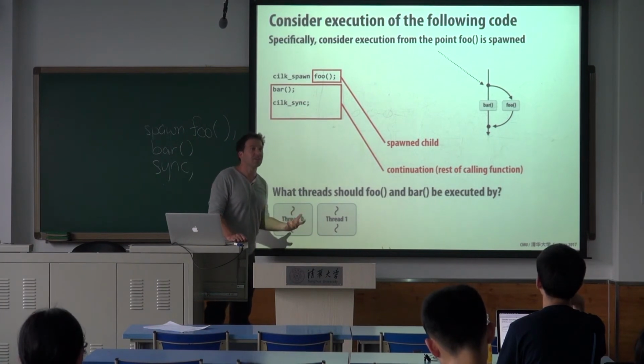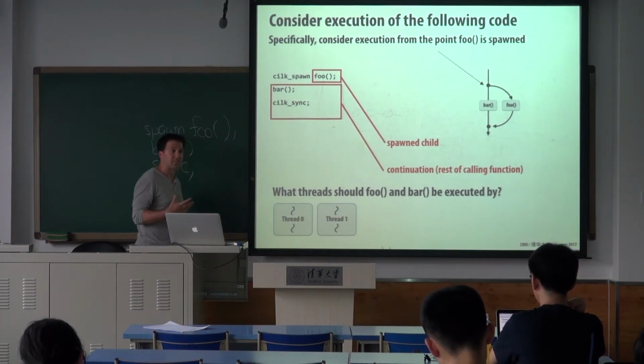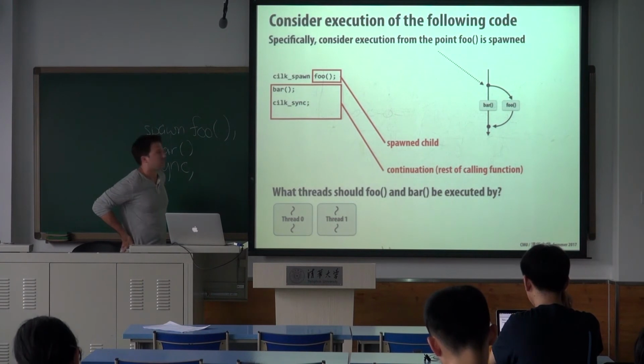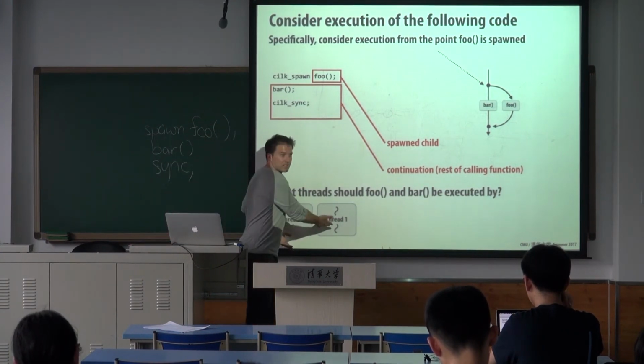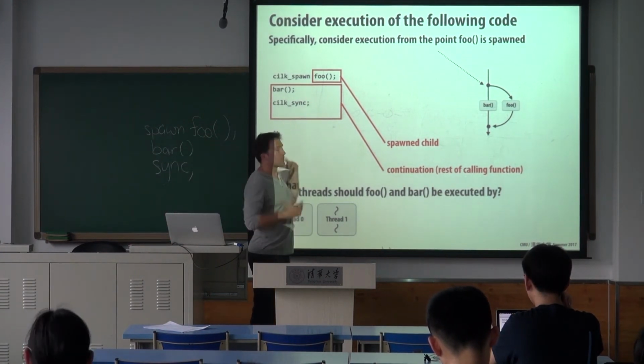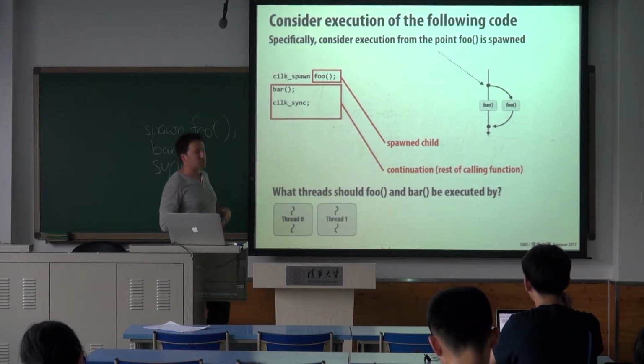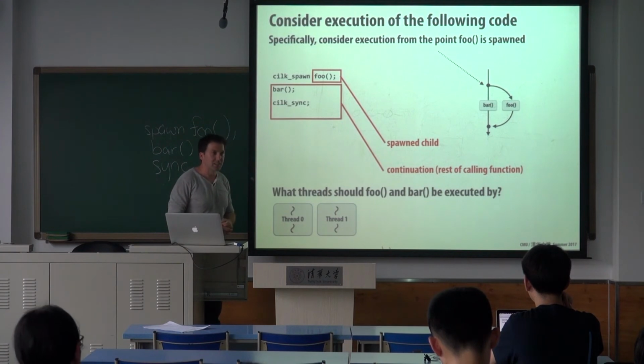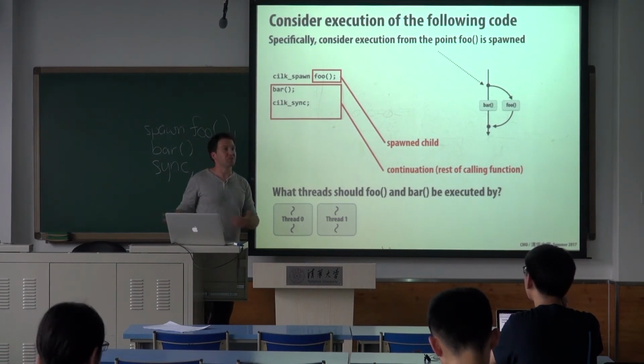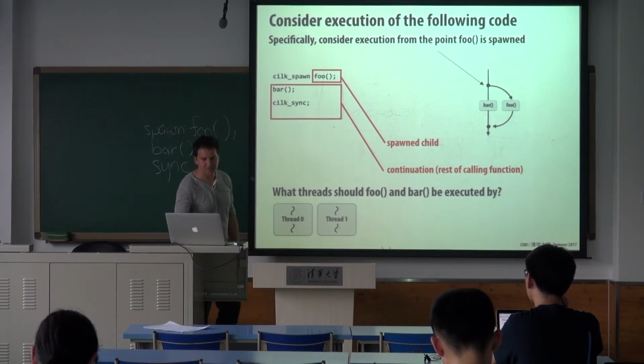It's not very clear to me, when I first saw this, what the right answer is. Because we have 2 processors, foo and bar can be run in parallel. The caller of foo was running on thread 0, let's say. Should the caller run foo or should it run bar? It's sort of unclear what the right answer is at this point.